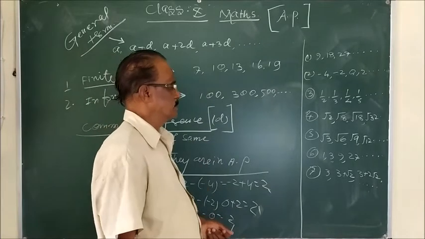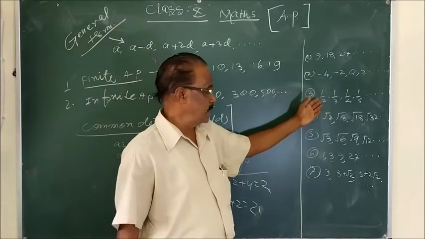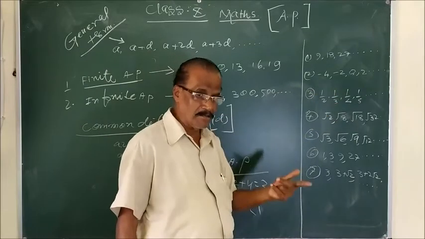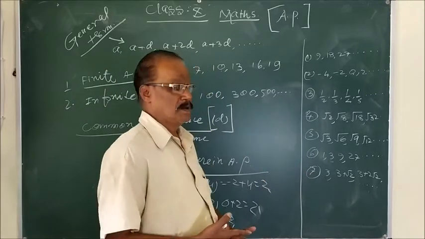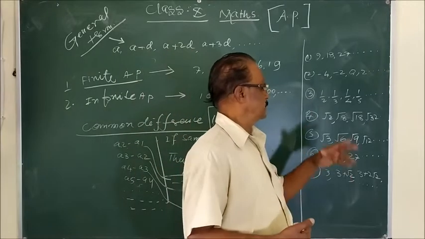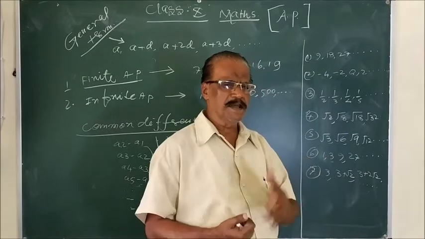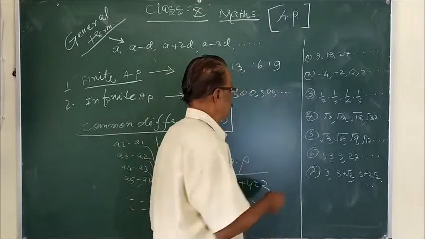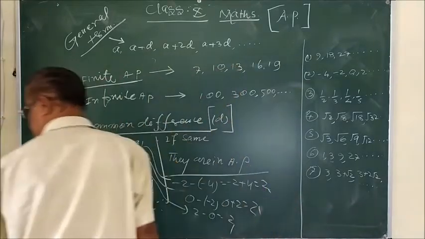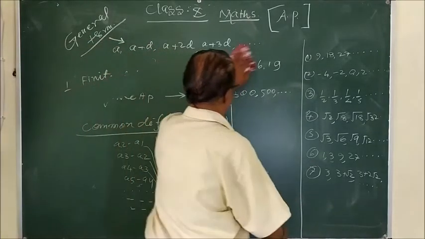This is the method. Now can you answer whether these are in AP or not? If you simply see the question, see the pattern, it looks just like an AP. But I don't know. You will try to find A2 minus A1. तो इसको इस तरह से हम बना सकते हैं.